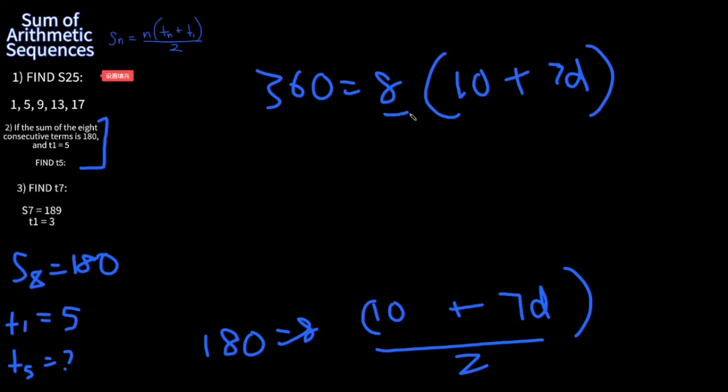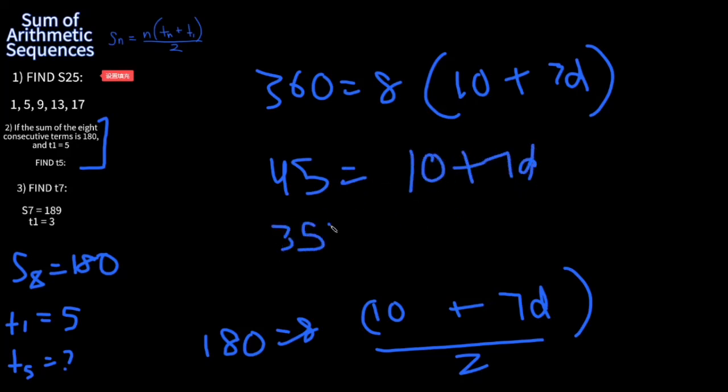You divide by 8, that equals 45, equals 10 plus 7d. Take away 10 is 35, equals 7d. Divide by 7, d is equal to 5. And that's also another way to approach it.